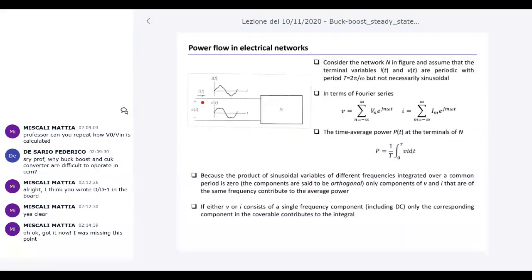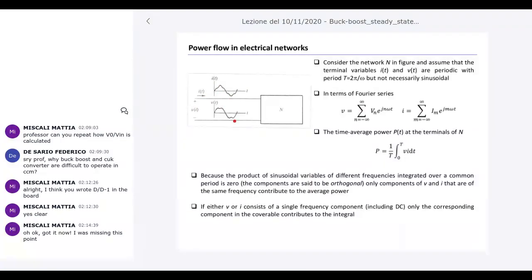Suppose that these variables are periodic, and the period is T. This doesn't mean that they are sinusoidal. We can move to sinusoidal in a few steps. But just suppose that these variables are periodic, like the waveform that you can see in this slide.